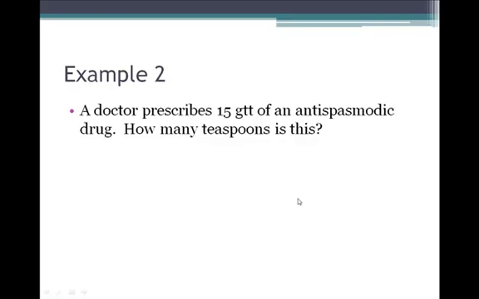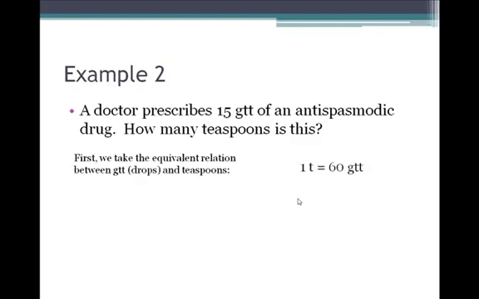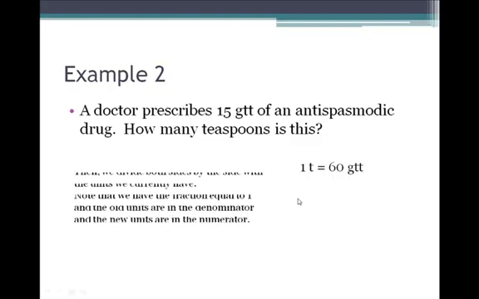Let's take another example where we take a look at 15 drops, and we want to know how many teaspoons this is. Again, we take the relationship between drops and teaspoons, and according to the chart, 1 teaspoon is 60 drops. And so we want to divide both sides.